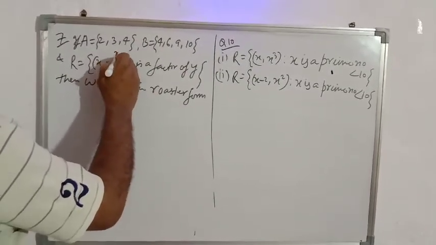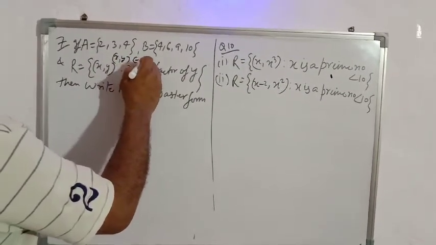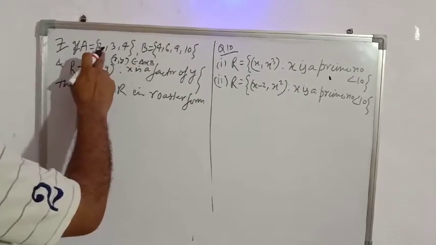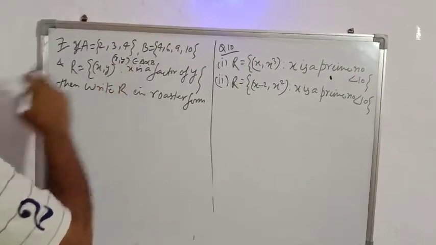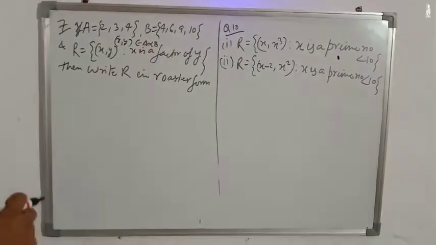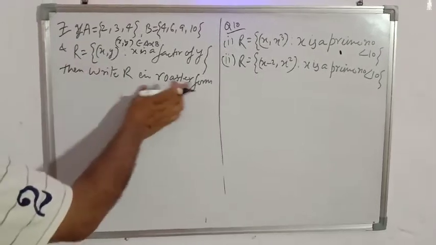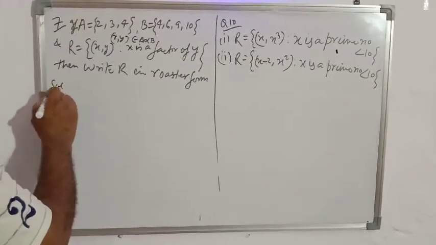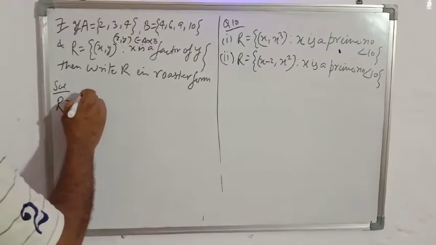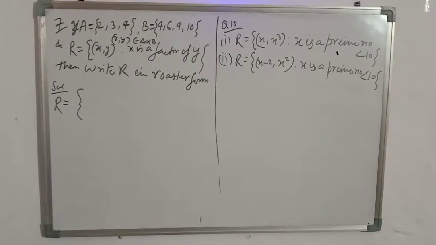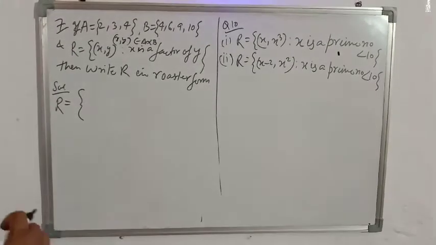Here (x, y) belongs to A cross B, meaning x we have to take from set A, y from set B. Then write this relation set in roster form. Roster form means we list all the ordered pairs in curly brackets.